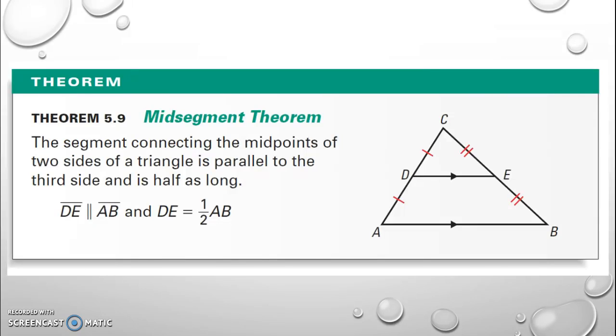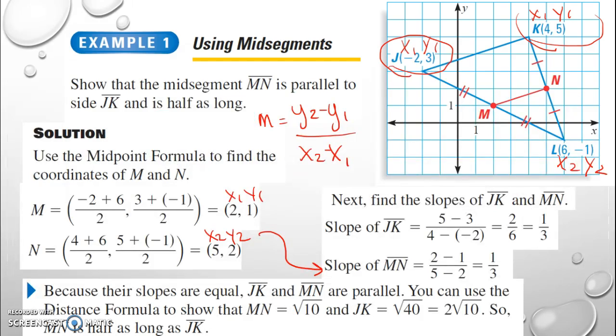The next part we need to talk about is the length of each of them. In order to do that, we're going to use the distance formula. Remember that the distance formula is the square root of x sub 2 minus x sub 1 squared plus y sub 2 minus y sub 1 squared. If we plug in our values for J and K, when we simplify that, we're going to get 2 radical 10.